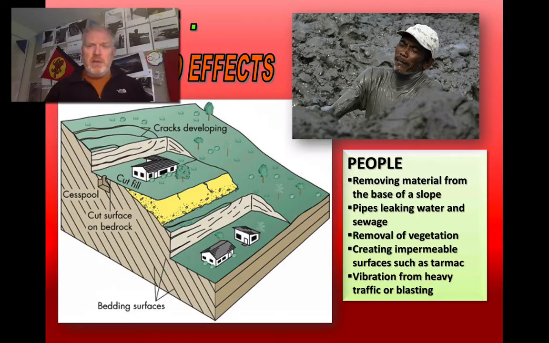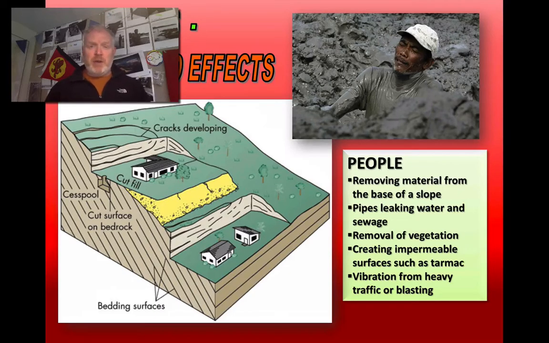There are some things that people do that can increase the risk or increase the chances of a landslide occurring. Digging out the bases of slopes, water from pipes or sewage getting into the rock, taking vegetation away, cutting down trees. Deforestation can be a big problem with this. Impermeable surfaces, like roofs and roads, taking water away from one place and putting it into the ground in concentration somewhere else.